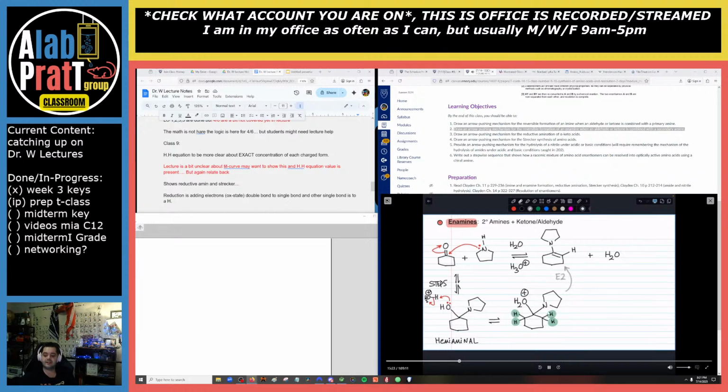How electrophilic are these? What is the sigma star of these things looking like, instead of thinking about this lone pair coming in forming the carbonyl, kicking this off.